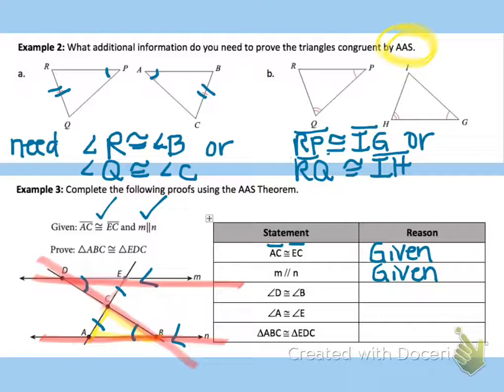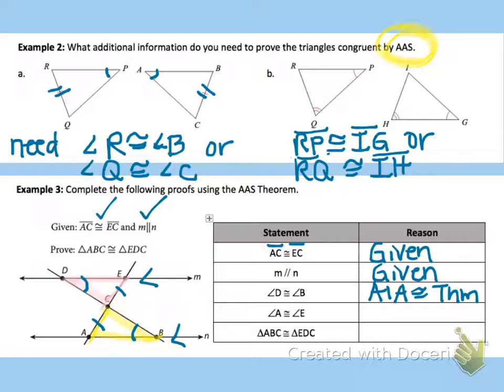D and B are alternate interior angles, right? So we can use the alternate interior angle congruence theorem to show that those, in fact, are congruent. Oops. I've got to get rid of those markings on my triangle, so I'm going to have to rewrite the AIA congruence theorem.